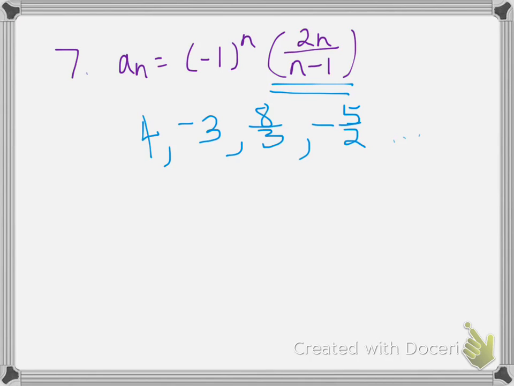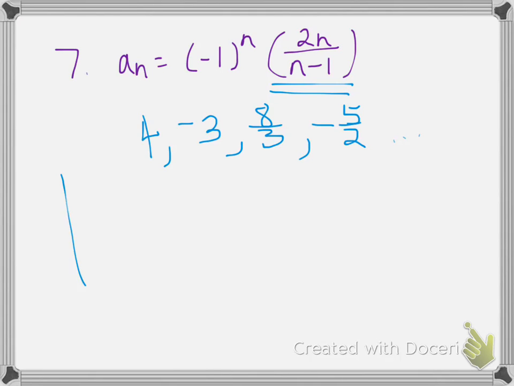And what I can tell is that if I look at the 4 and the 8/3, that part's getting smaller, maybe towards, I don't know what it's going towards, probably 2 to be honest with you. And then if I look at the negative 3 and the negative 5/2, those are going towards negative 2.